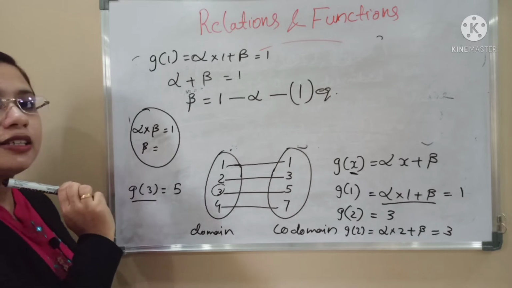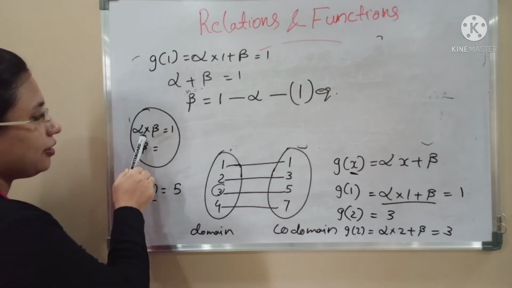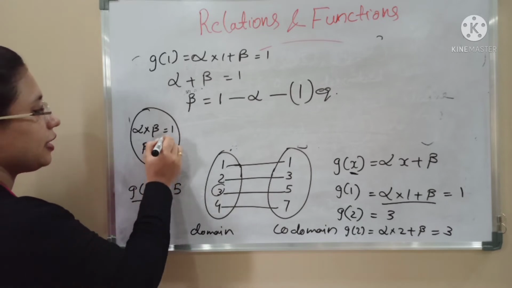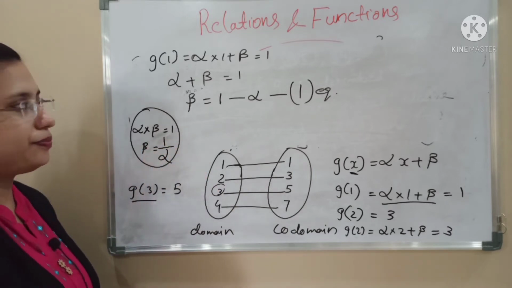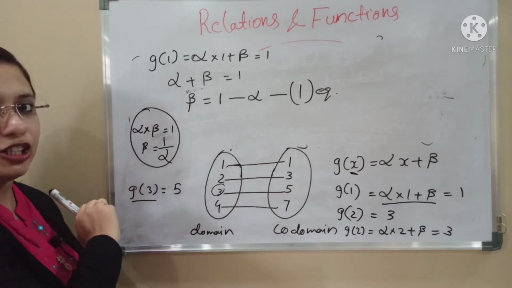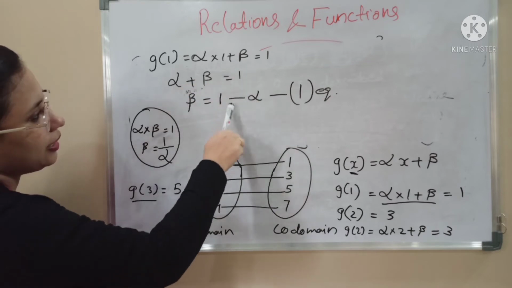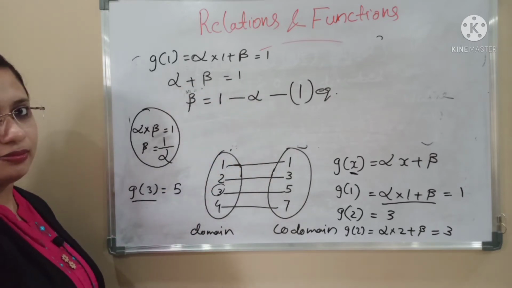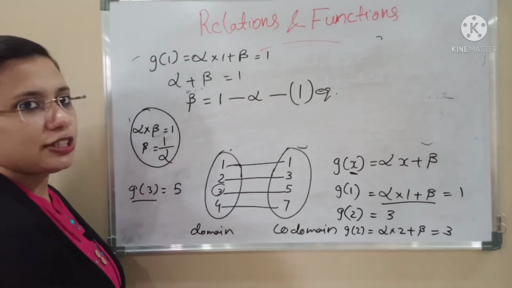Here it is multiplication, so if I take alpha to this side, it will turn into division. Here it is addition, plus, so when it goes to this side, it becomes minus. Clear? So this is the first equation.